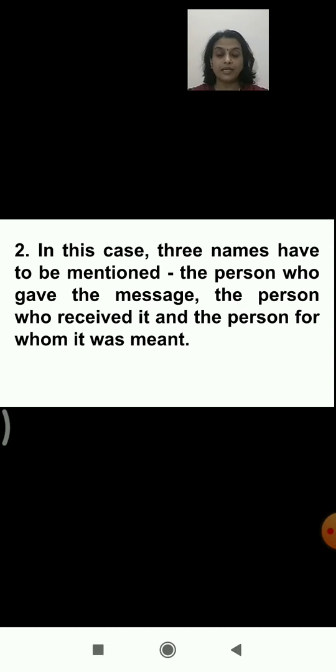So 3 people are included here in the telephonic conversation. The first one is the person who gave the message, that means who called, the person who received it, that means you, and the person for whom the call was meant. So these 3 people are there, right?